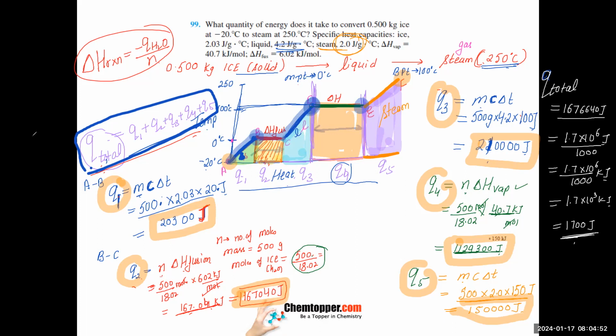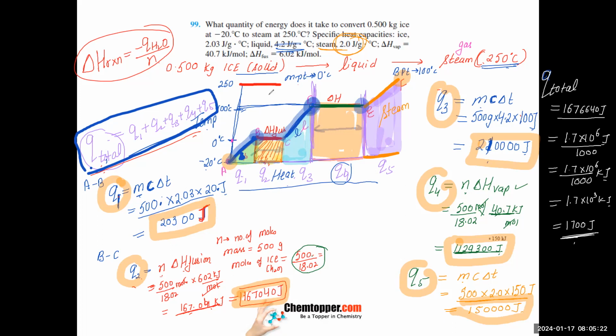They may say that there is steam at 250 degrees Celsius. There is steam at this temperature, and you are cooling it. So first you will come here, then you will come here, and the graph will go in the opposite direction, like this, 250.